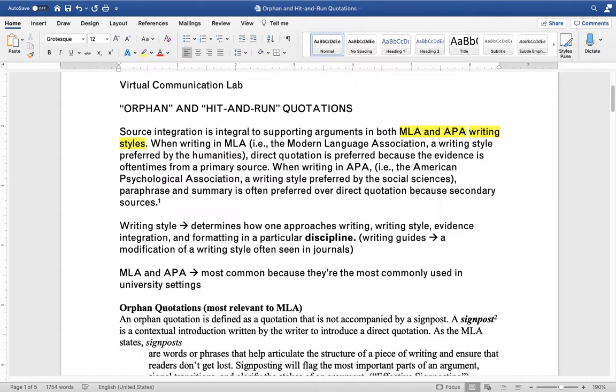The other one that might be most common in an undergraduate setting is IEEE, which is engineering, or even the computer science field. Other than that, until you get into graduate level work or more advanced academic studies, that's when you start getting really explicit, and we're talking every field, whether it's anthropology, biology, chemistry, they all have their own writing styles. It's a nightmare.